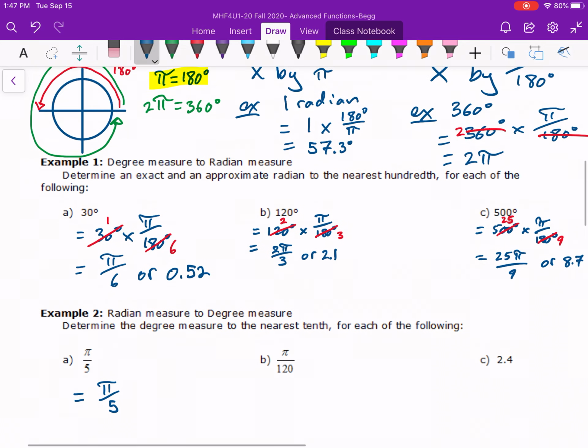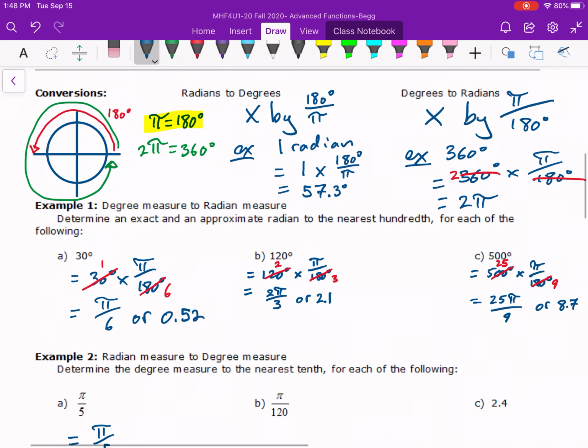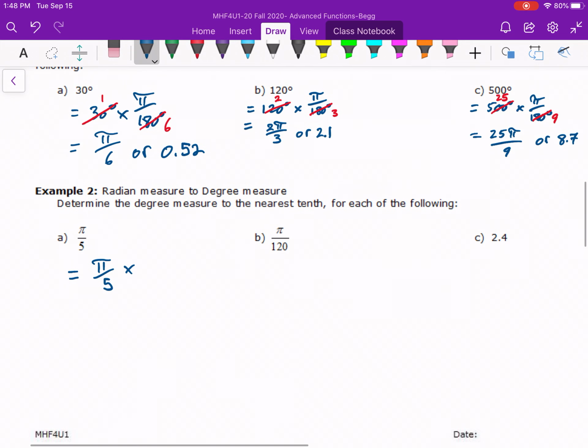And we're going to multiply it by the conversion factor of 180 over pi. So we're flipping the fraction upside down, and the pi's cancel out, and 180 divided by 5 is equal to 36. And so it's going to be 36 degrees.